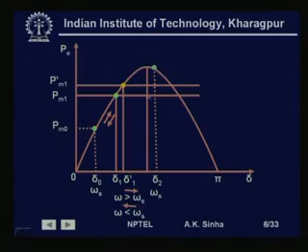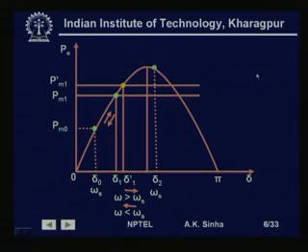So, what is going to happen now? At this point the speed is equal to the synchronous speed, but the electrical output is much more than the mechanical input, which is Pm1. So, we have decelerating power available, that is, more output and less input. So, the speed will further try to decrease, which means delta angle will start reducing, because we are measuring this delta with reference to the synchronously rotating reference frame.